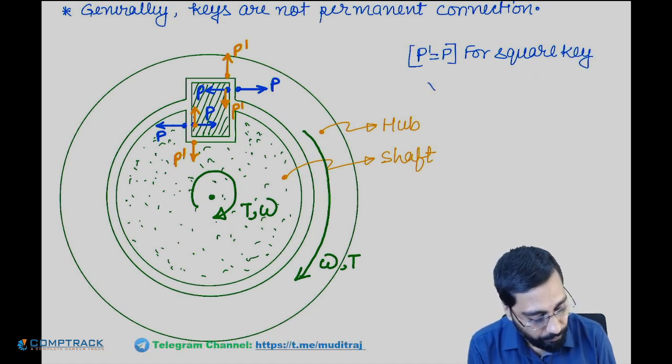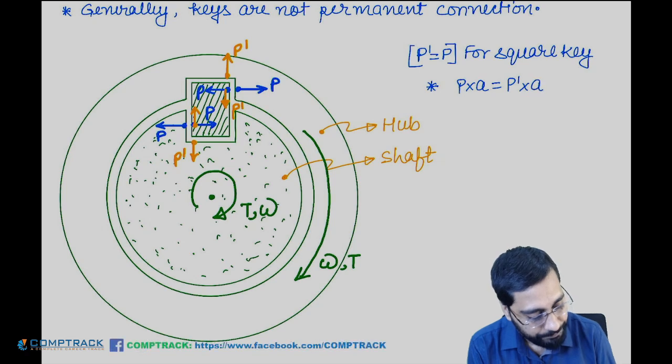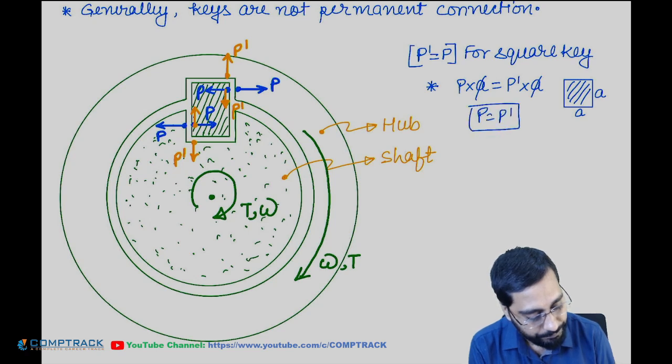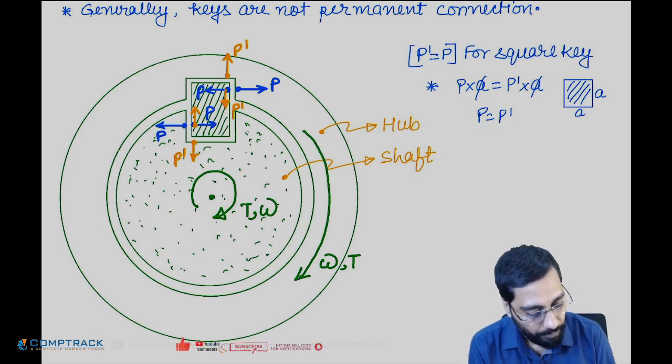Here, for square key, moment P into A will be equal to P dash into A. Let's say this is the cross section of key. Side is A and A. So P will be equal to P dash.